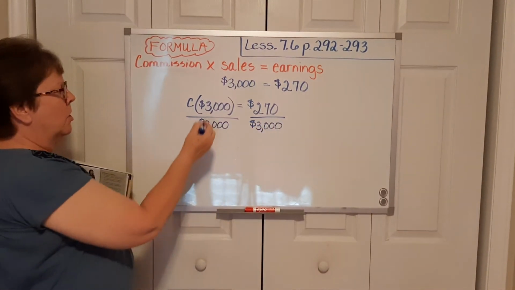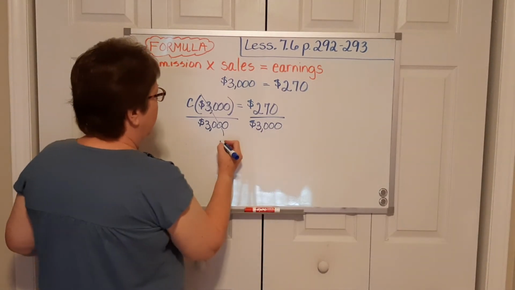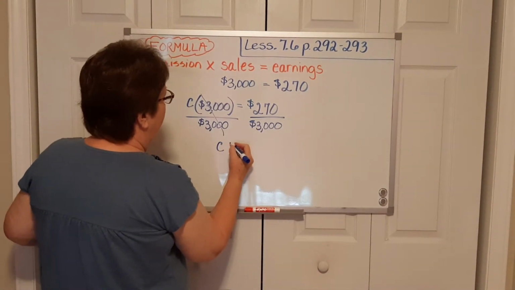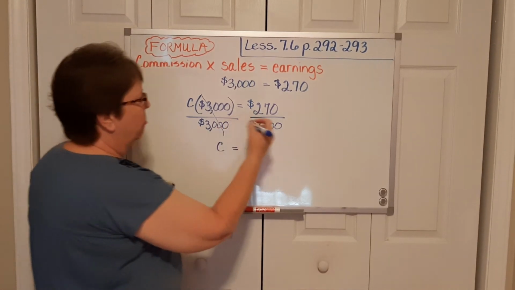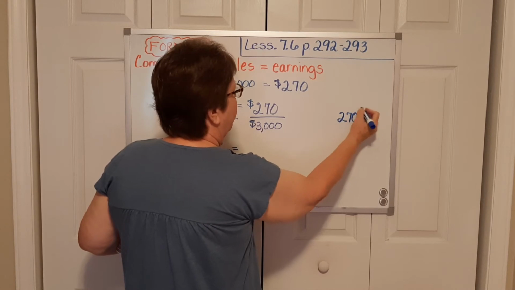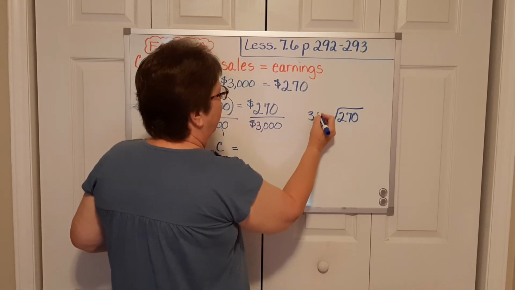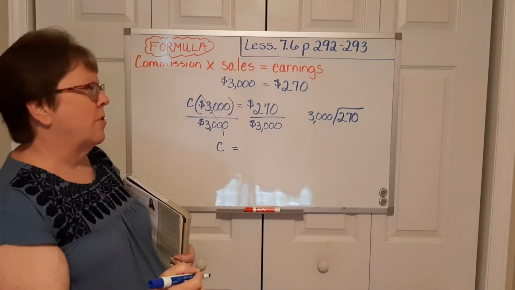So 3,000 divided by 3,000 would leave us with just 1. So here we have C, our commission, and then here's our problem, 270 divided by 3,000. You say, well, 3,000 won't go into 270.